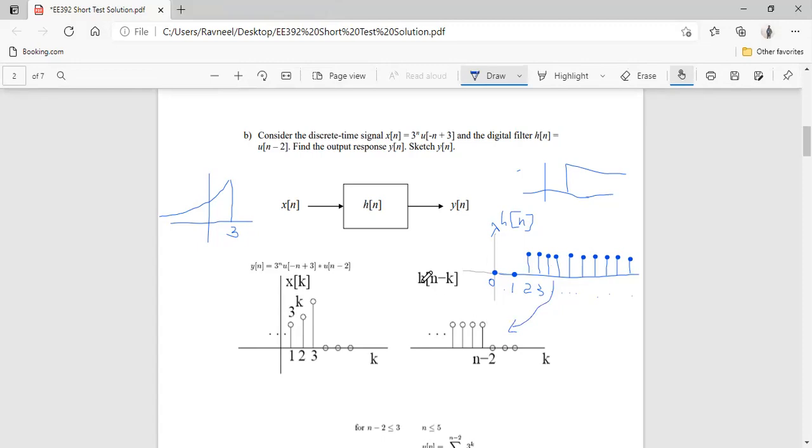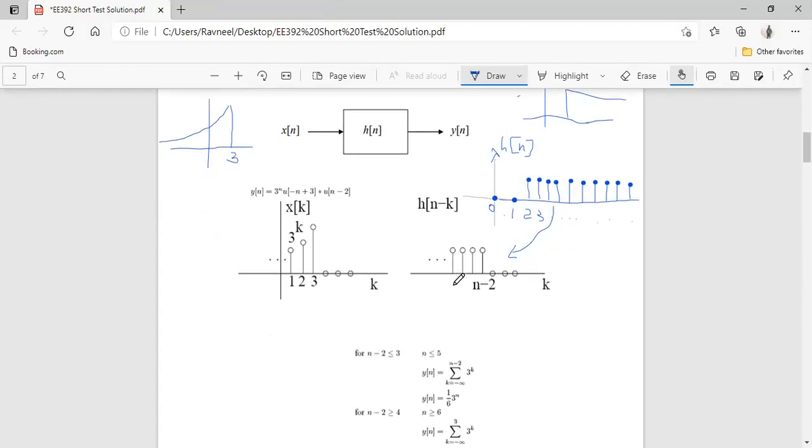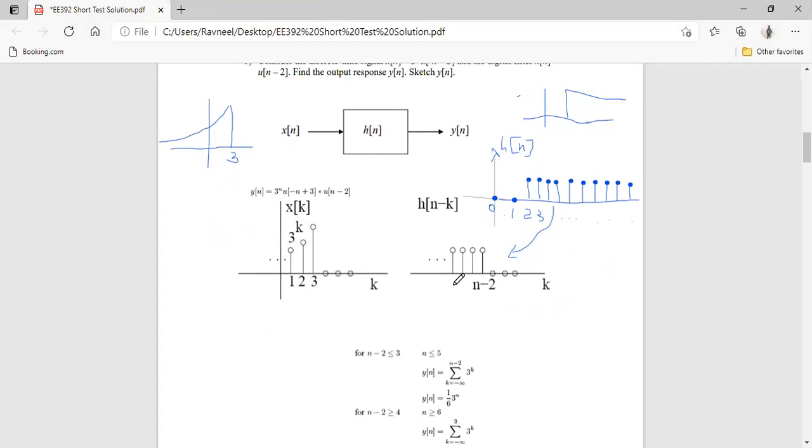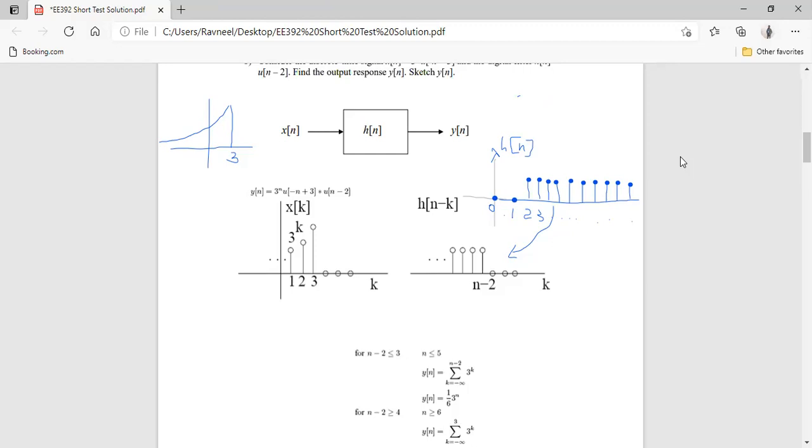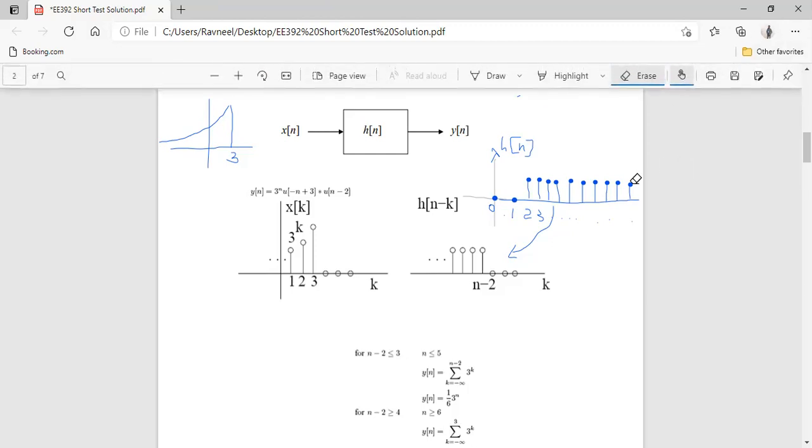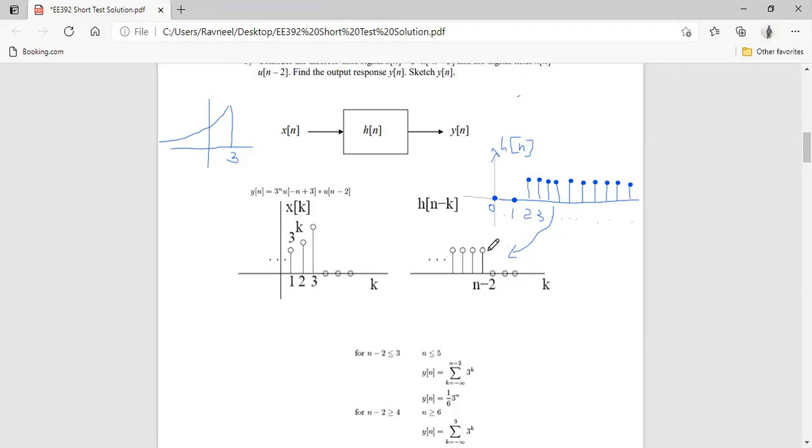Now, once we have our x of k and our h of n minus k, we just evaluate it. So for direct convolution, if we have the graph of something like this over here, and we have h of n minus k, the reflected graph of h of n, in order to compute the convolution it will give me something like this.